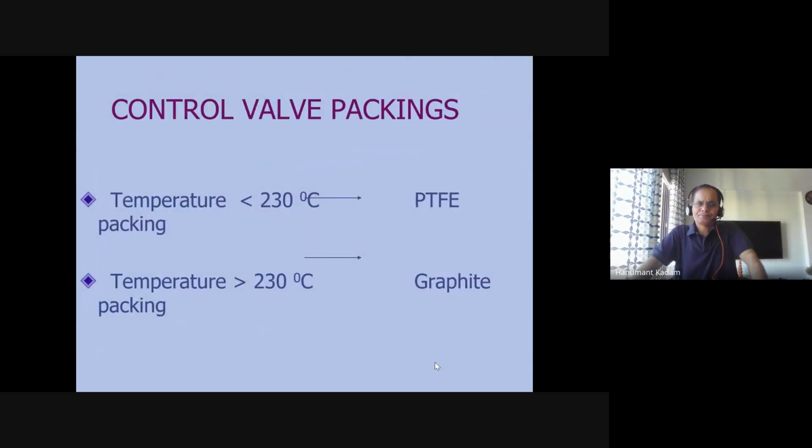If the temperature in the process line is less than 230 degrees, then the packing material has to be PTFE. For higher temperatures, you have to use graphite packing material. It is the sealing material in the valve, between the nut, yoke, stem and plug, wherever you have a nut-bolt type of fitting. Graphite or PTFE is used based on temperature condition.